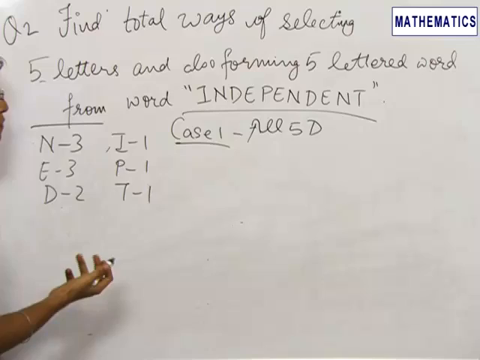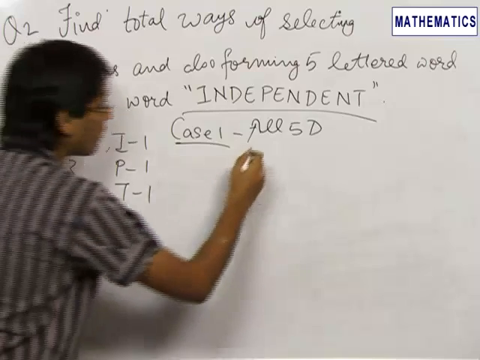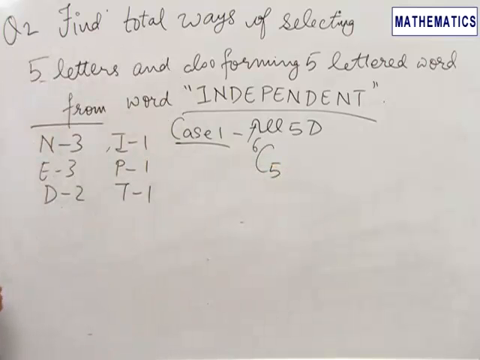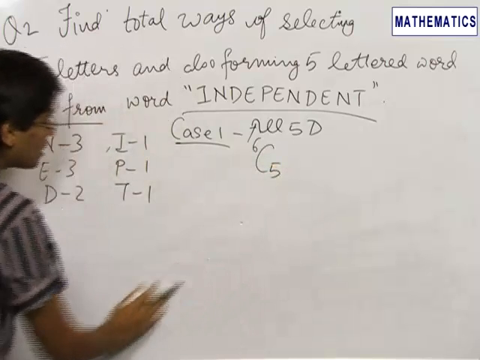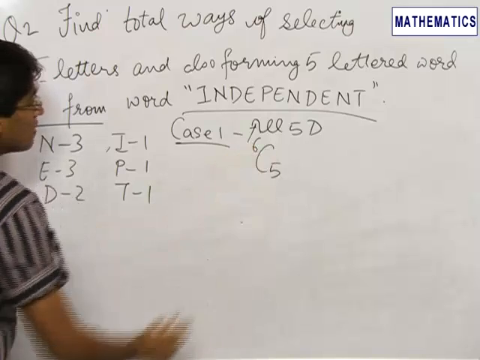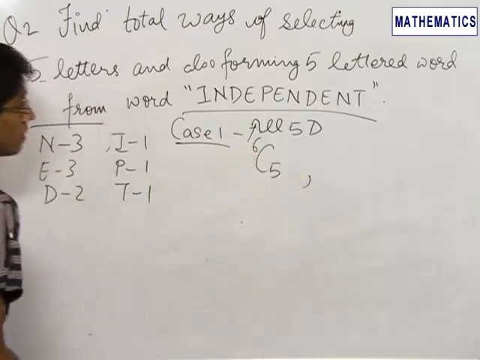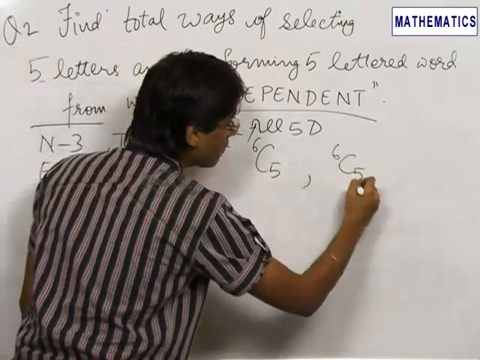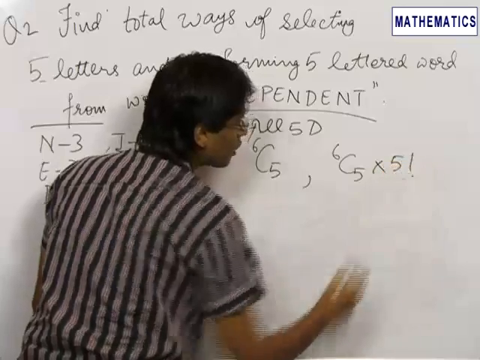So if we select any 5 out of these 6, we can make a word. The selection of these 5 letters, which are all different, can be made in 6C5 ways, and the total number of words that can be formed is 6C5 into 5 factorial.